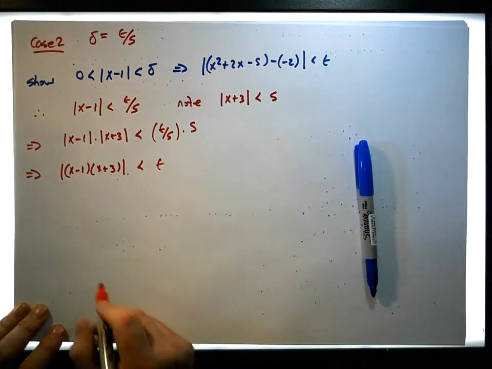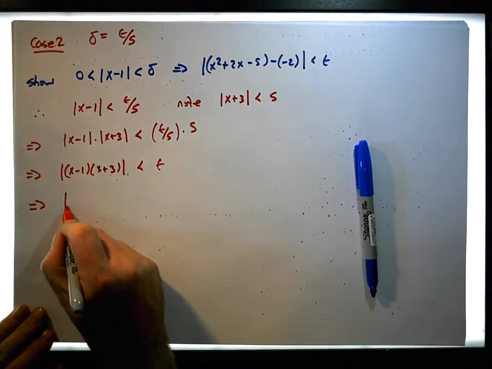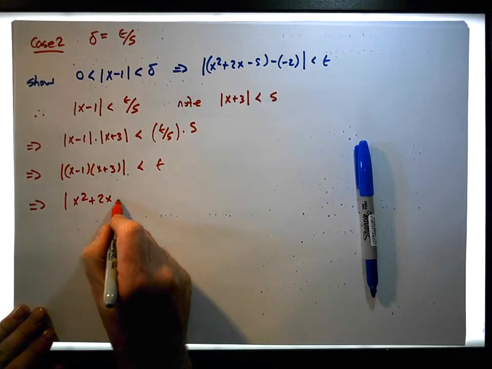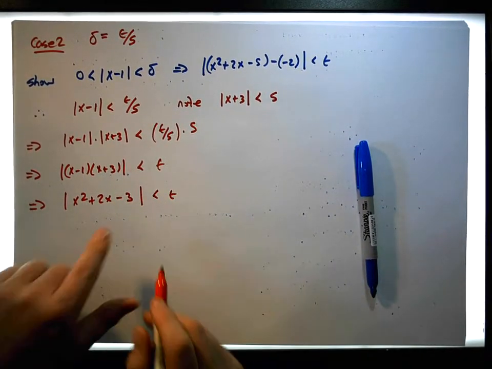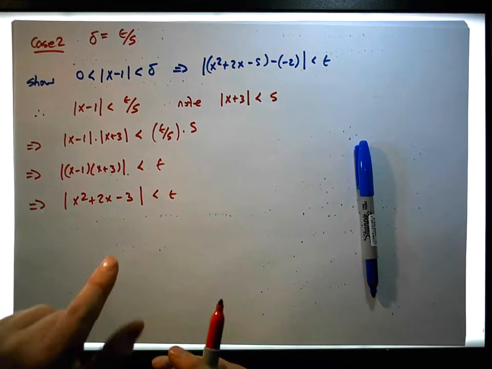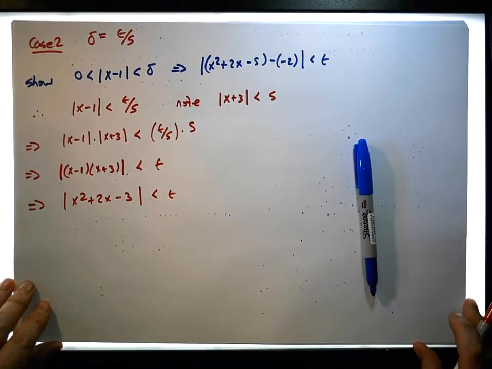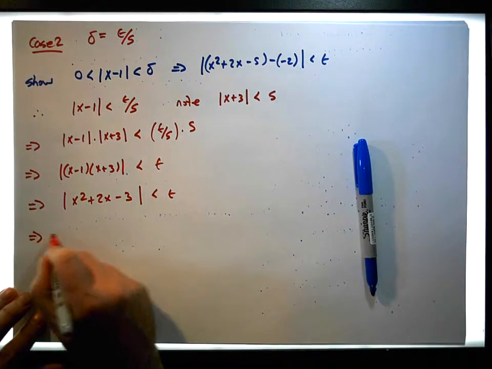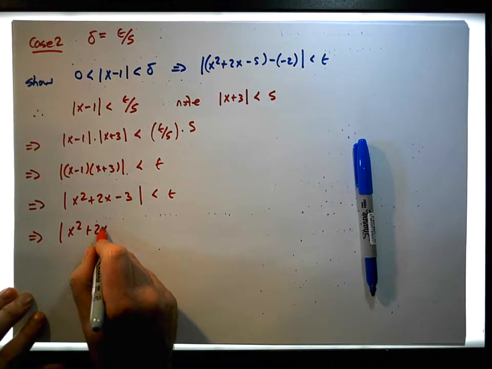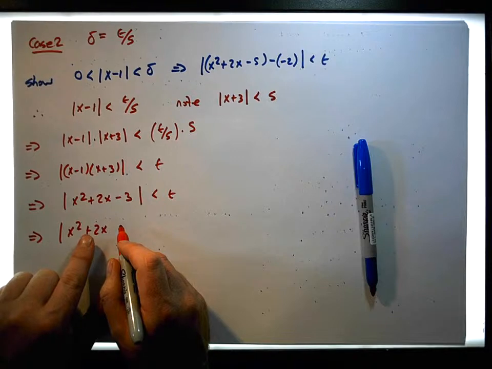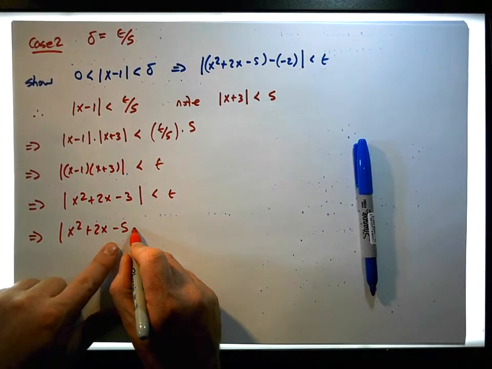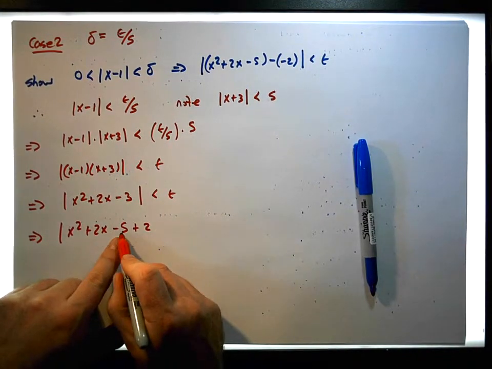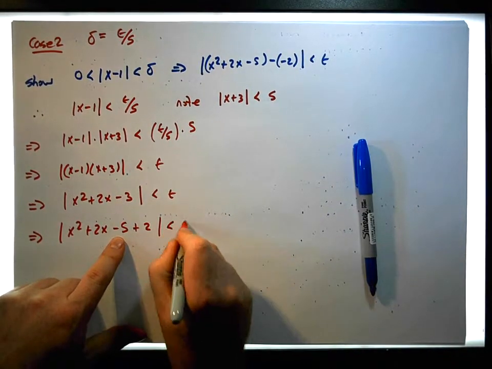And you can see this is working out perfectly for us now. This implies that x squared plus 2x minus 3 is less than epsilon. And once again, we want to get our limit out here, and our limit is going to be our minus 2. So this implies that x squared plus 2x minus 5 plus 2, so minus 5 plus 2 is our minus 3, is less than epsilon.